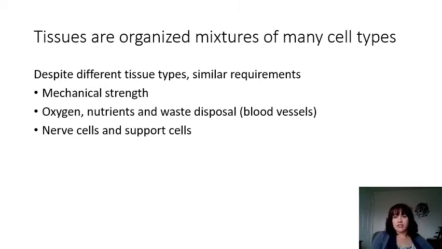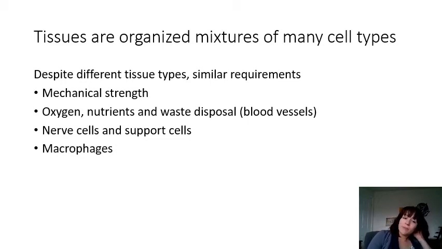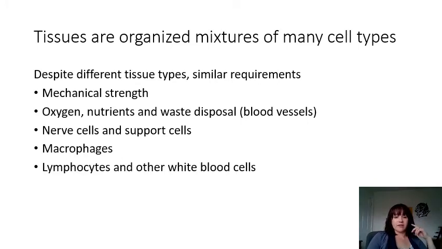A lot of tissues, more than you would expect, are innervated by nerve cells. For example, there are nerves in your stomach and your gut that help tell you when you are full. We have immune cells that are important for preventing or acting upon infection, and also just taking care of cells that may have died of natural causes as well.